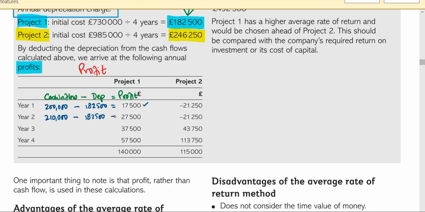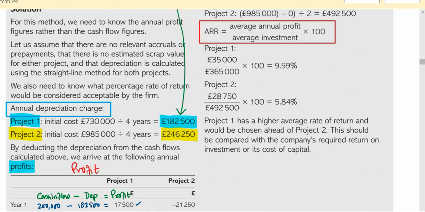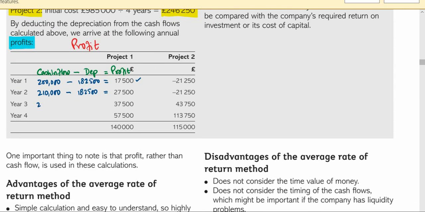So the profit will be 27,500. For year 3, the cash inflow is 220,000 and 240,000 for the next year. Depreciation remains the same, 182,500. So here is the amount of the profit.